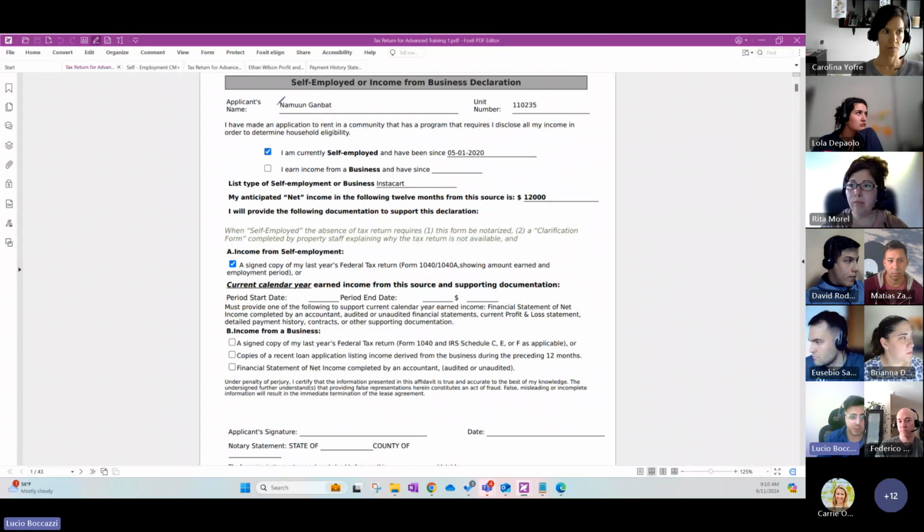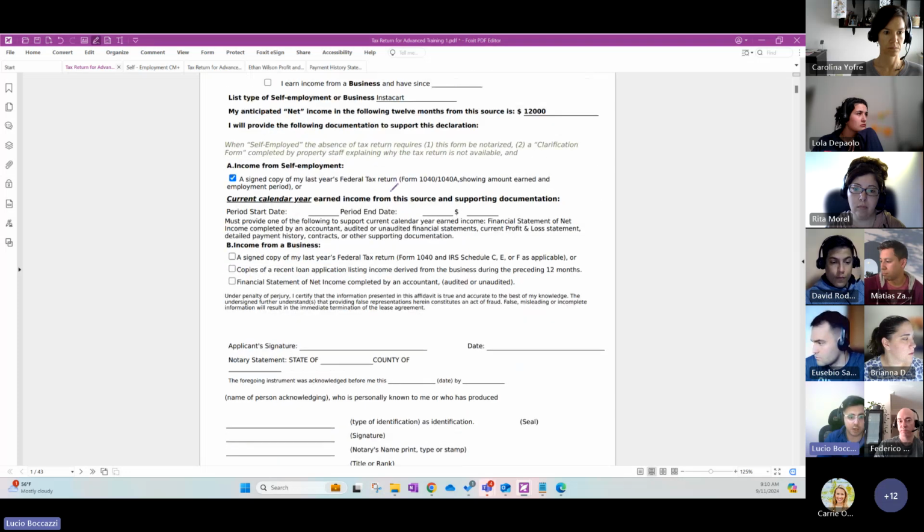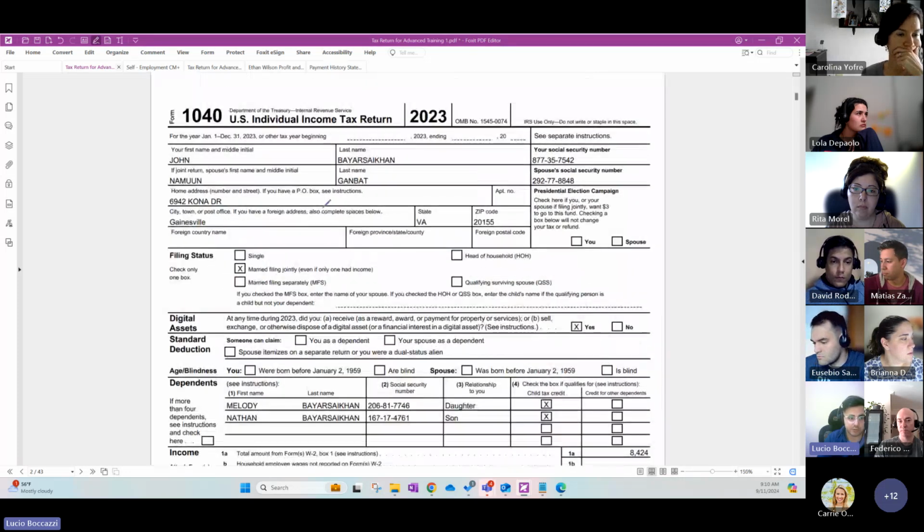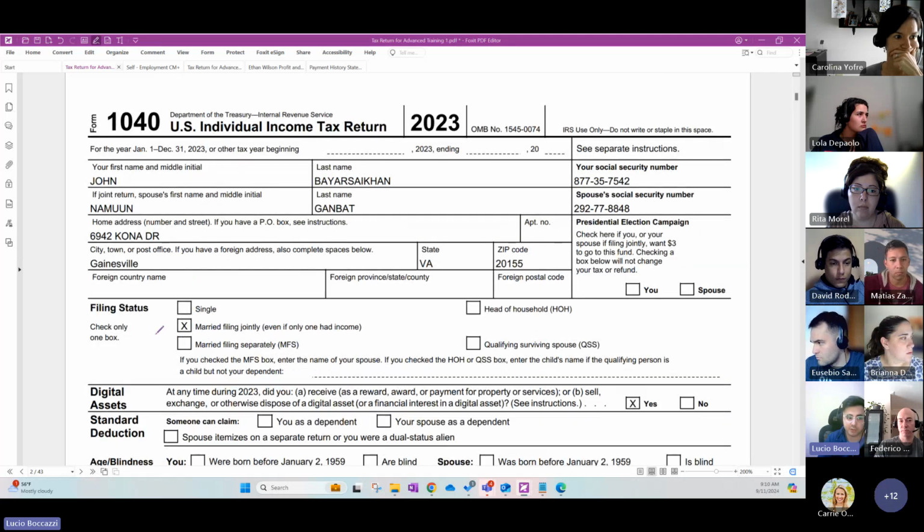So we see that the name of the applicant is Namun Ganbat, and I'll check also in the tax return. By paying attention to the marital status, I see that this is a couple that is married and filing jointly. And I see that I have my applicant here, Namun Ganbat.